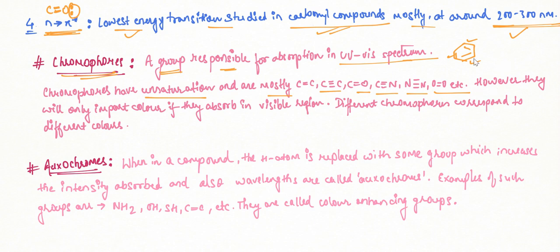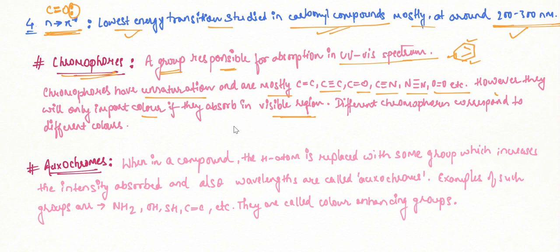The list is endless. So there must be unsaturation in the group, and that unsaturation is going to give you color.